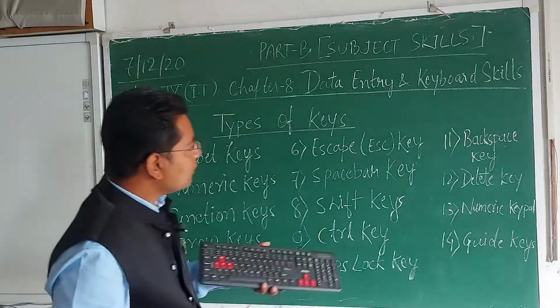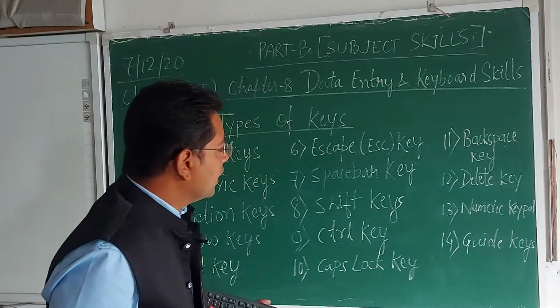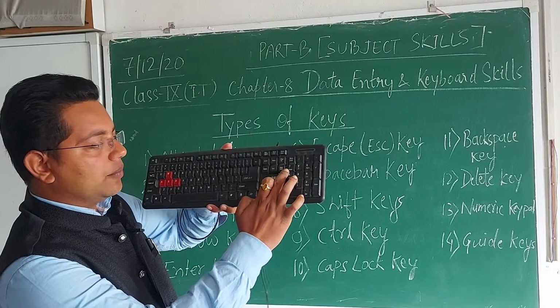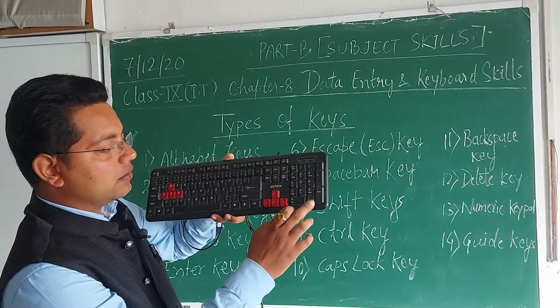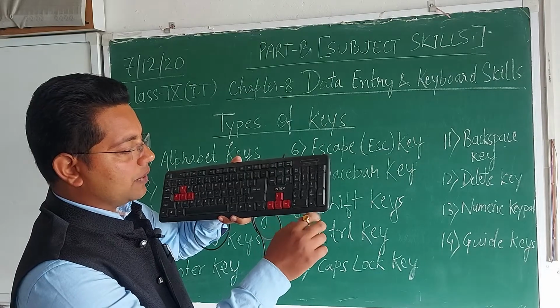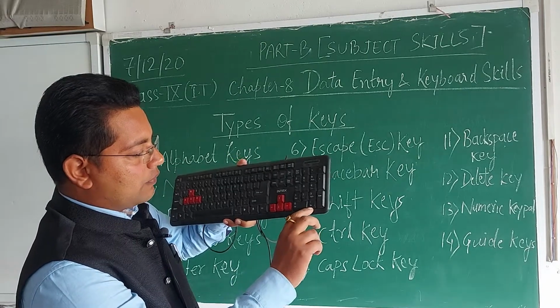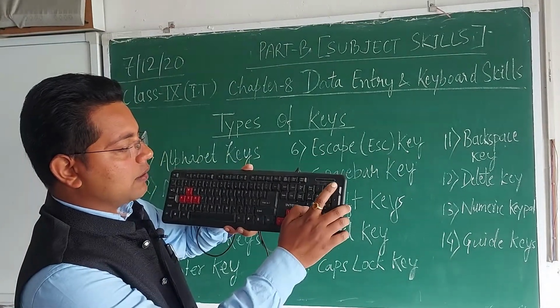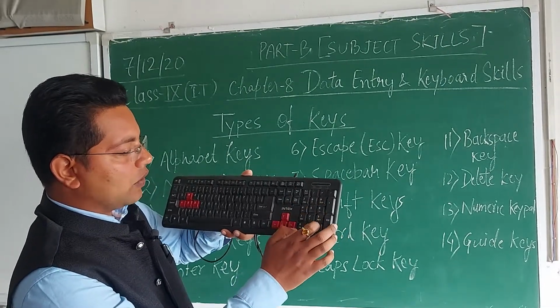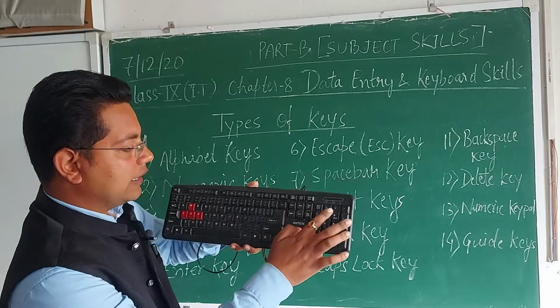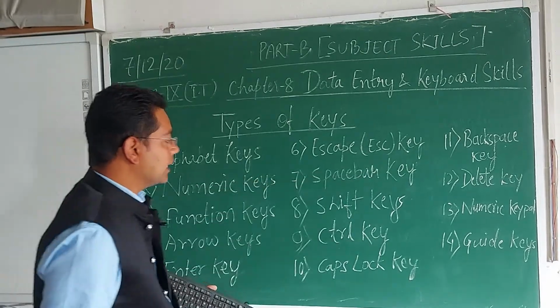Okay. After that, numeric keypad, especially numeric keypad is here. You can see 0, 1, 2, 3, 4 like this. This full stop is here. Okay. After that, plus, minus, multiply, numlock. Okay. These different signs are here on the numeric keypad.